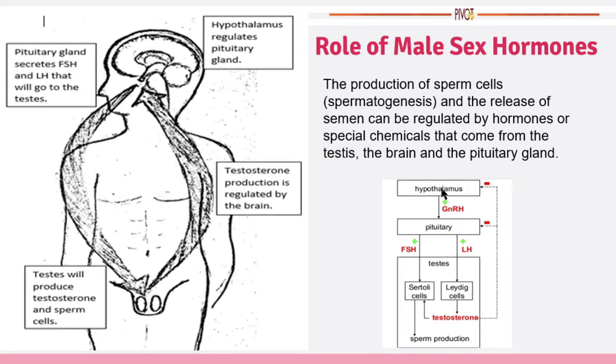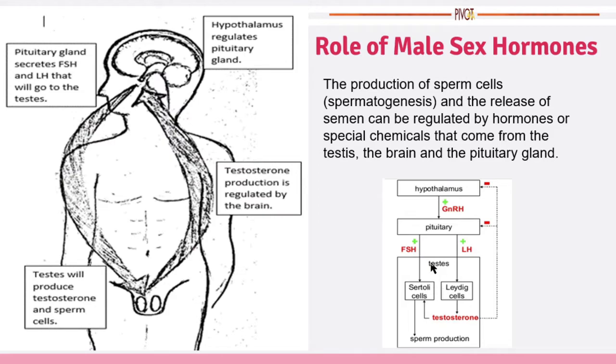The hypothalamus will release GnRH, or gonadotropin releasing hormone, that will send the message to the pituitary gland to produce FSH, or follicle stimulating hormone, and LH, or luteinizing hormone. Both of them, the FSH and LH, will go to the testes.